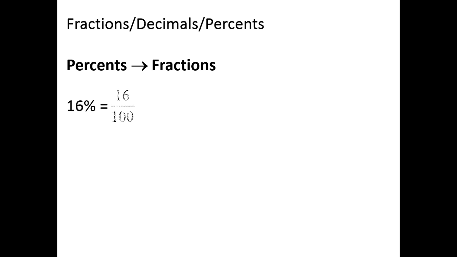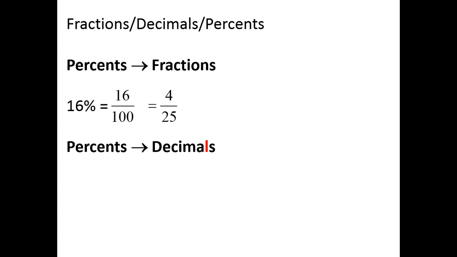We know that percent means out of 100, so 16 hundredths represents 16%, and 16 hundredths can be simplified as 4 25ths. So 16% has the same value as 4 25ths as a fraction.